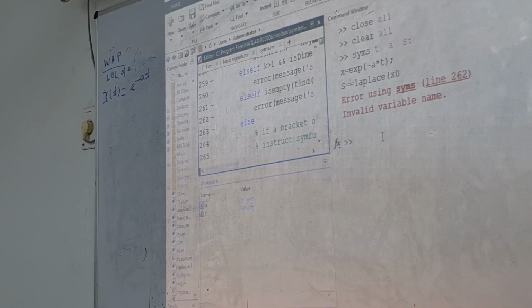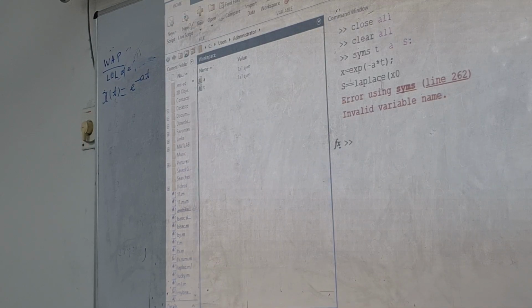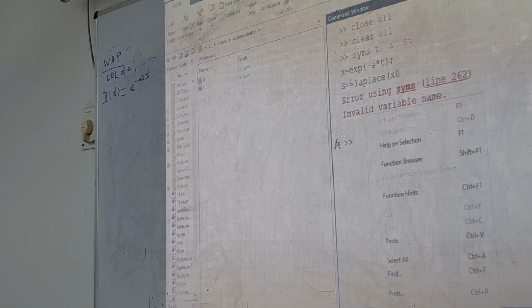There is one more thing missing here in the notation. The bracket is missing, so you have corrected it with the double bracket, s is equal to.